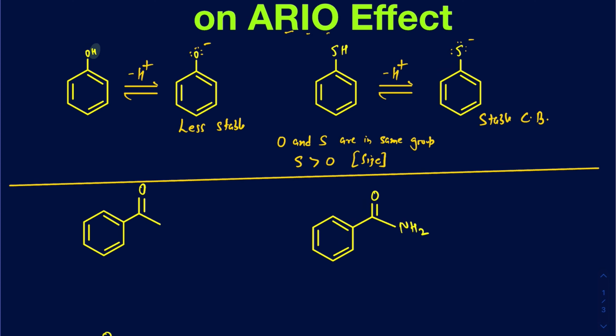If something is more stable, it's going to be less basic, and something that's less stable is going to be a more basic conjugate base. But obviously, we're not really talking about the conjugate base or basicity. We are looking at the acidic strength. So whatever makes a stable conjugate base, the acid of that stable conjugate base is going to be more acidic.